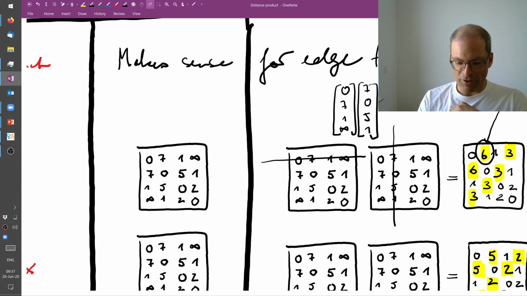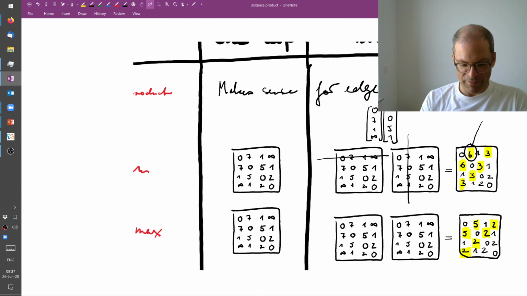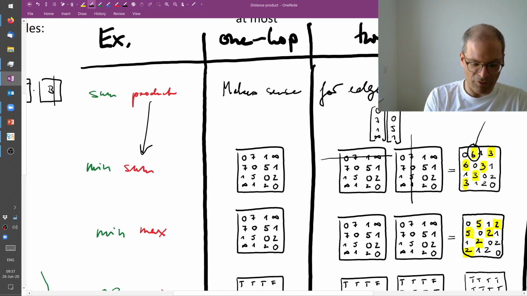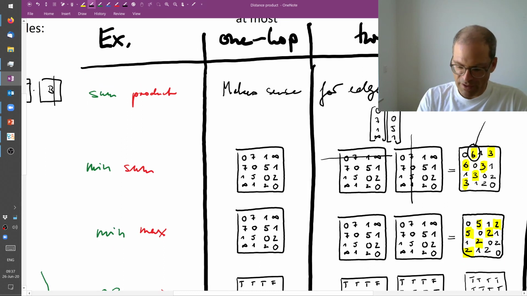Now, today we're going to do it differently. Namely, we're going to take not the product but the sum, because we replaced the product by the summation. So if I replace the product with the sum, what I get is 7, 7, 6, and infinity.